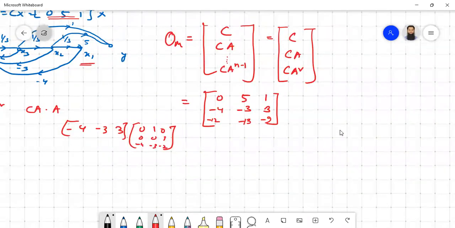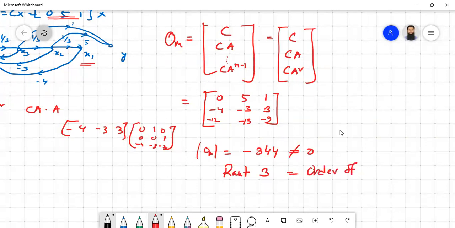Next thing you have to do is find the determinant of your observability matrix. If you calculate the value, you're going to see that the value is -344. Since the determinant is not 0, the system is non-singular, so the rank of the observability matrix is 3, which is the same as the order of the system.